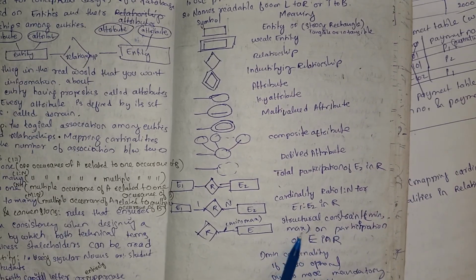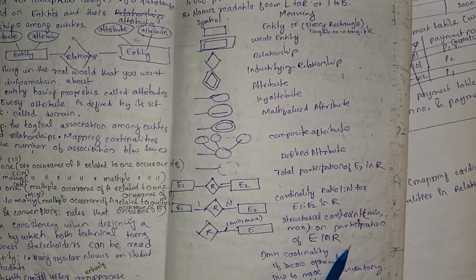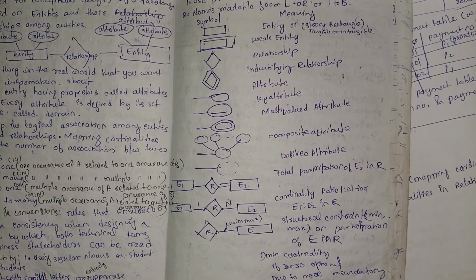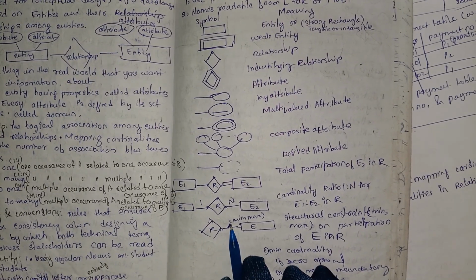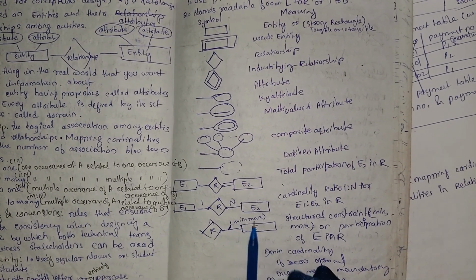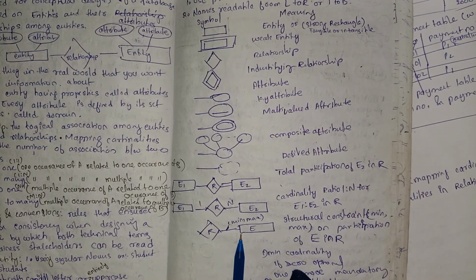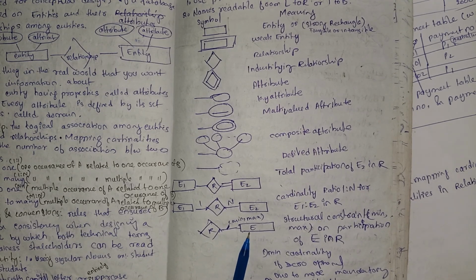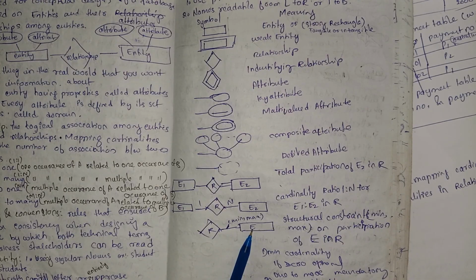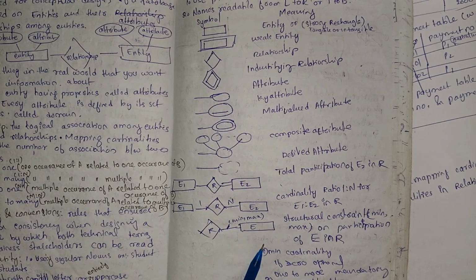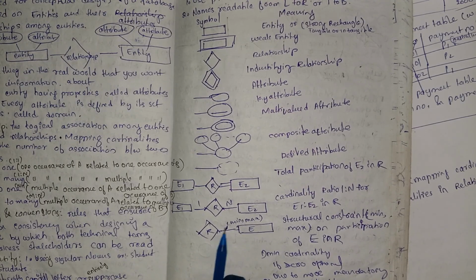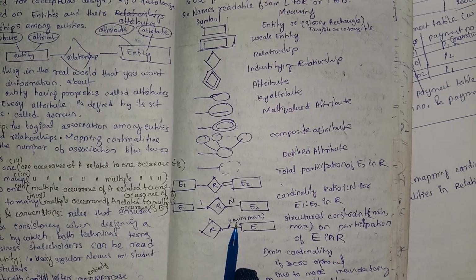And structural constraints, minimum, maximum, on participation of E in R. So here, minimum indicates, if E is an entity, if the minimum number of values or specific entities in this entity are participating in this relation, then that indicates the minimum.